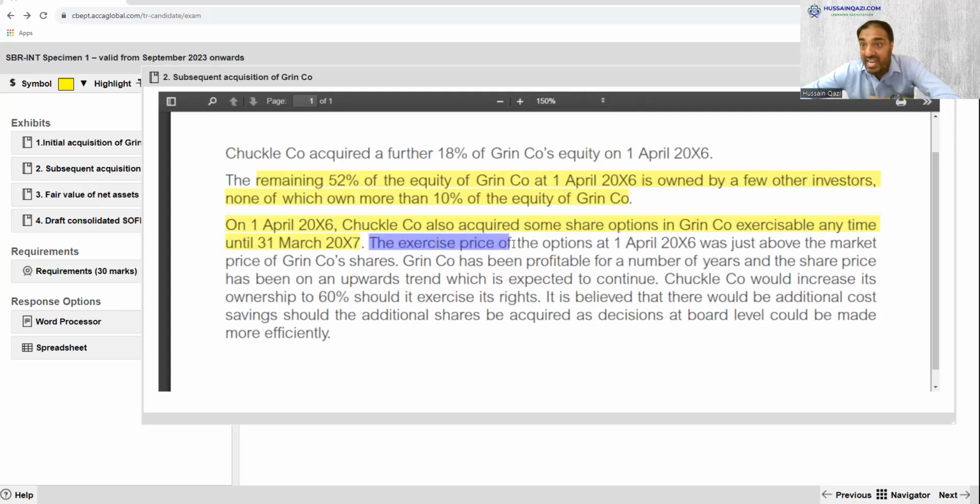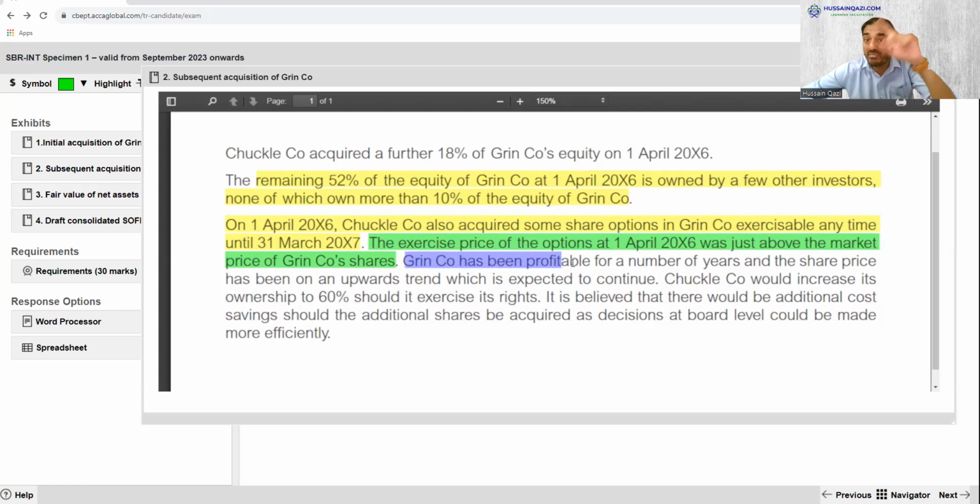The exercise price of the option was just above the market price of Grin company shares. Although Chuckle has also acquired the share options, right now they are not valuable because the exercise price is above the market price.